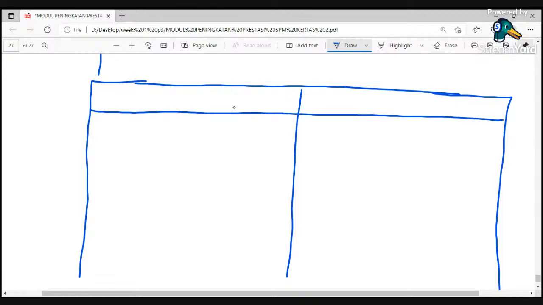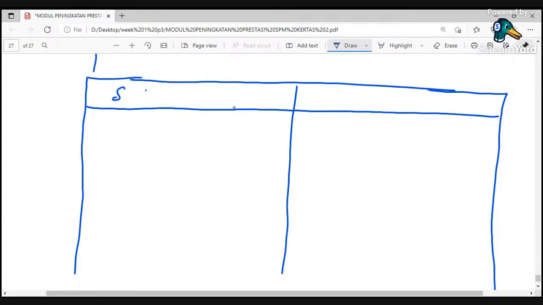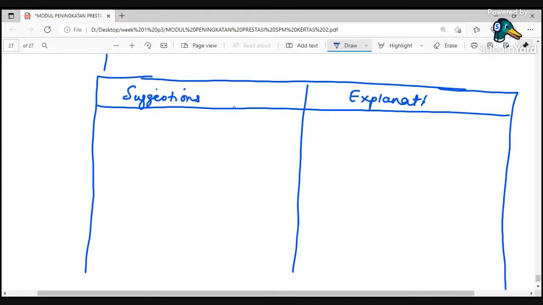Soalan section C, you boleh tulis aspect ataupun suggestion ataupun modification also kan. What is your suggestion? Then the explanation. I still use the table method so that I can see my answer clearly.